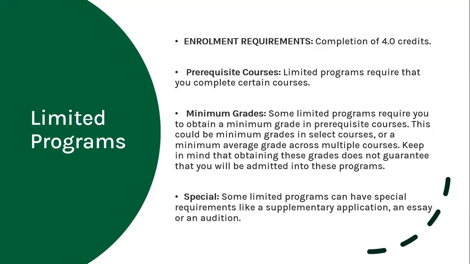So definitely check in with a specific program department or webpage to make sure that you're aware of the specific cutoff grade in order to plan for your courses and how much you need to get into the program. And for some of the limited programs, they have special requirements like supplementary applications, an essay, or an audition. That's specific to the computer science stream, the music, or even the Rotman Commerce.